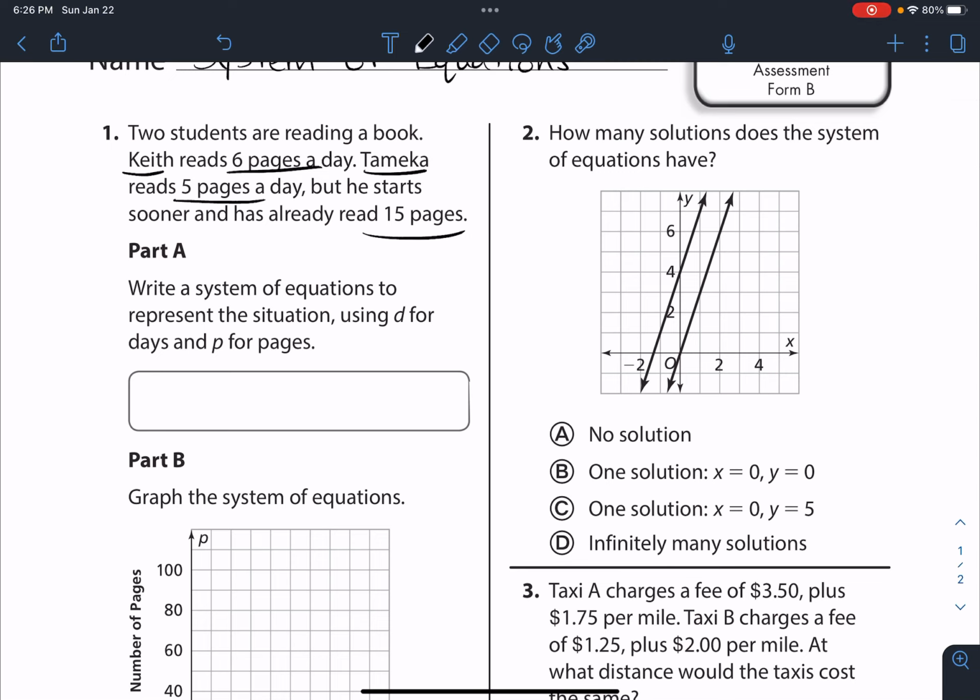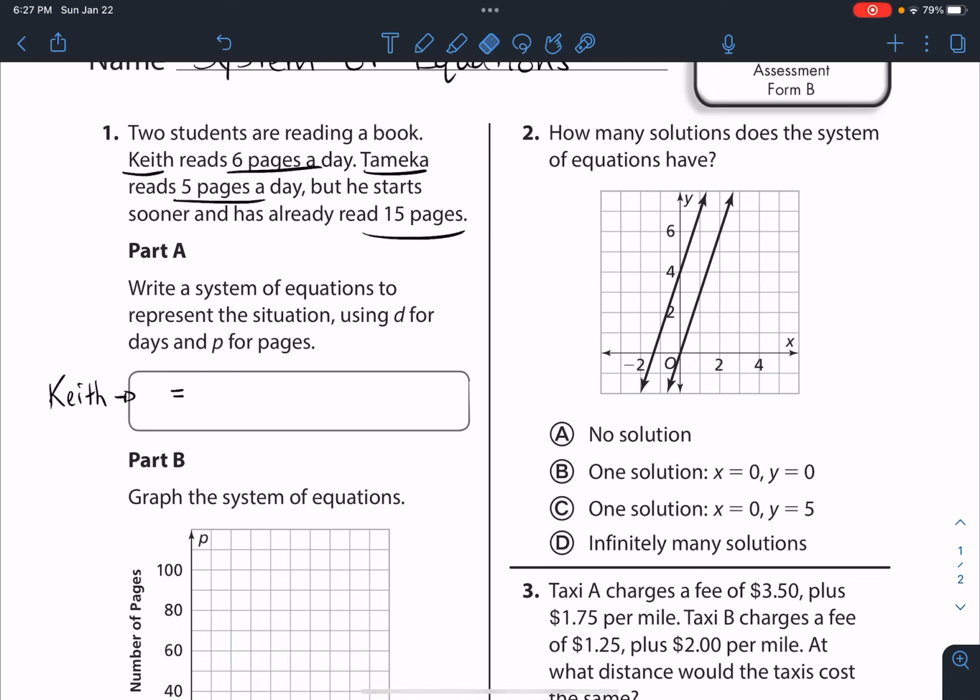So for Keith, D days would be 6 pages per day, basically. Or technically, I guess that should actually be backwards.